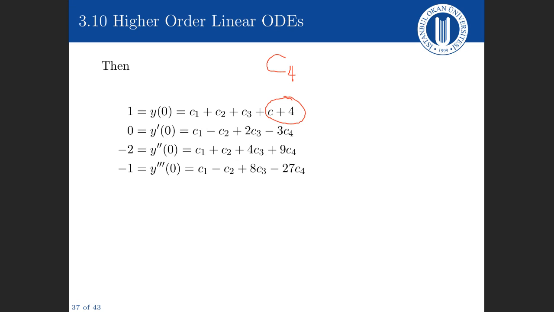You know how to solve linear systems like this. You could solve this and you would find that c1 must be 11 over 8, c2 must be 5 over 12, c3 must be minus 2 over 3, and c4 must be minus 1 over 8.